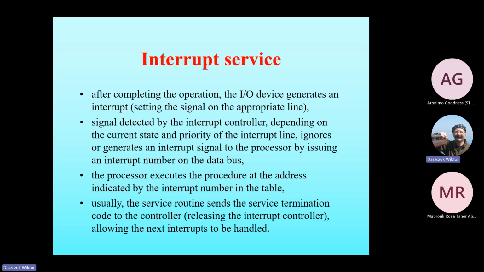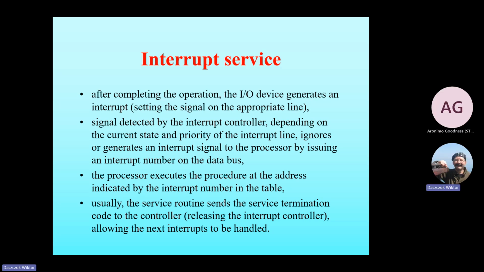If it is in active state, we perform a call with trace to interrupt handler. The address of interrupt handler we take from the table of handlers that is typically in lowest memory at address 0. And we start serving the interrupt, handling the interrupt.